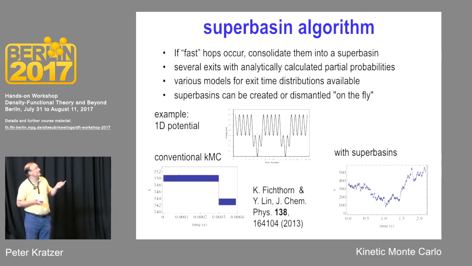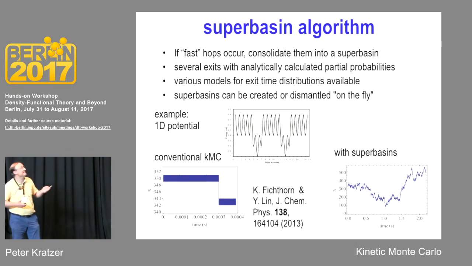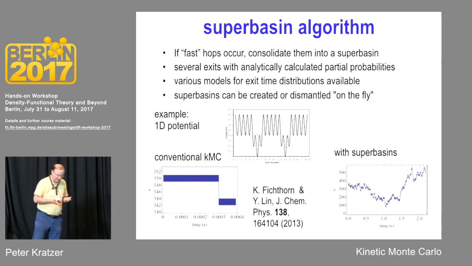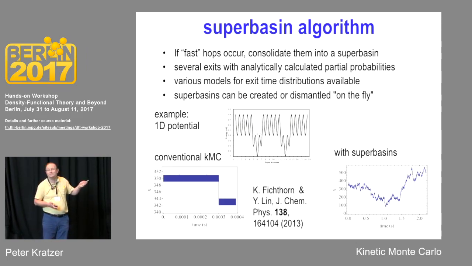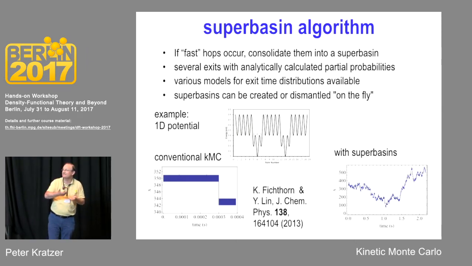In this blue thing here, this is a particle that jumps back and forth many times from left to right, right to left, and so on. And only then it decides to leave the well. So in this case, the Kinetic Monte Carlo simulation is correct, but it's very inefficient. Time advances only very little because this fast process happens many times, but that doesn't advance you very much.